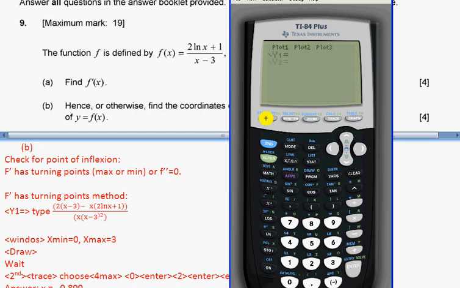So it will be 2 in the bracket x minus 3 minus x bracket 2 logarithm x plus 1 bracket closed, divided, bracket opened, x bracket open, x minus 3 bracket closed.